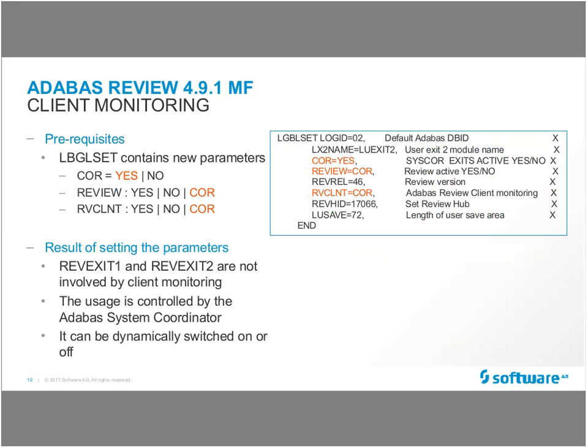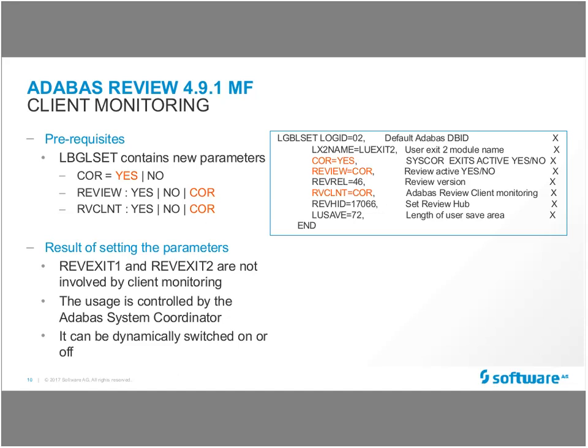Core is one for the system coordinator. You can say yes, no. We have review, yes, no, core. And we have the review client, yes, no, core. And if you set these parameters to the values I put in red, the results are that neither the exit 1 nor the exit 2 will be involved in client monitoring.